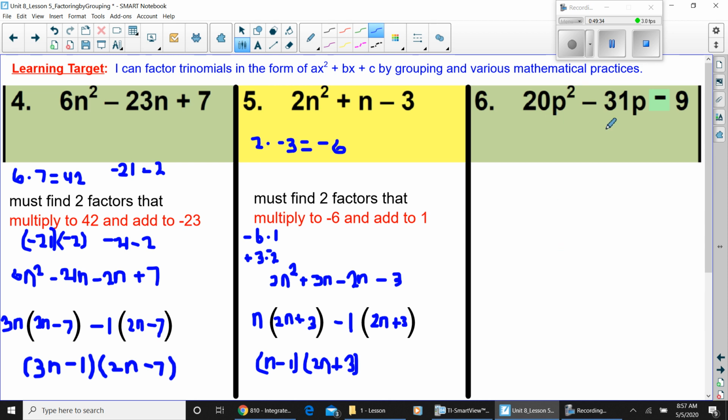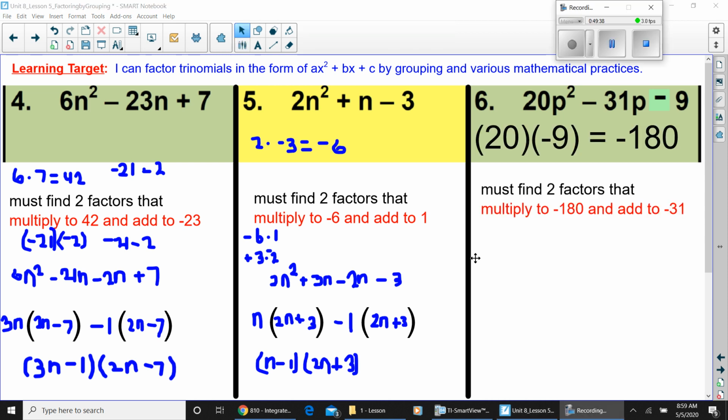Go ahead, try number 6, press pause now. So, very difficult right here because the numbers are like this. You have to find two numbers that multiply to negative 180 and add to negative 31.